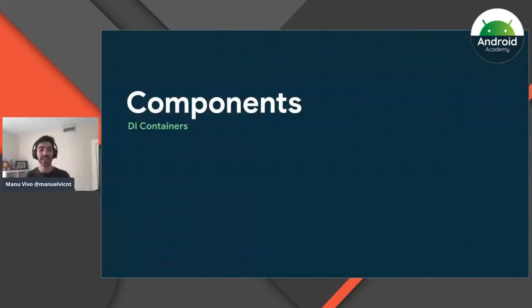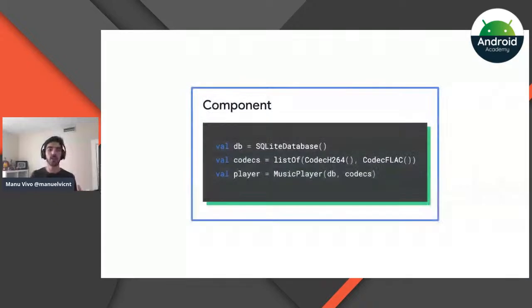As I was saying, components in Hilt are basically these dependency injection containers that are going to contain the glue, right? It's going to be the glue of all our dependencies, and it's going to contain the construction logic of the app. It's going to know, with those annotations, that in order to provide a music player, first it needs to construct these other dependencies that it requires.